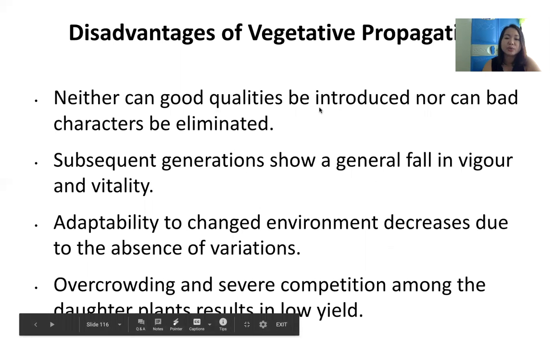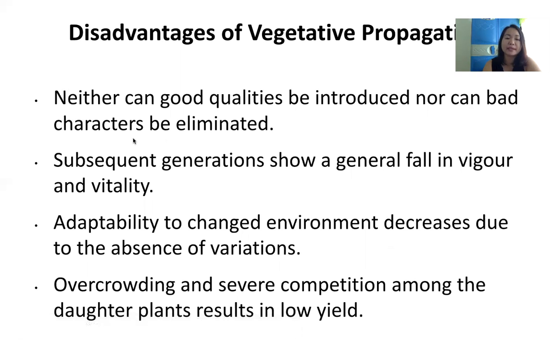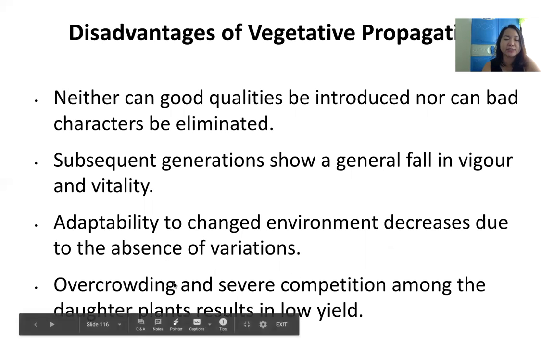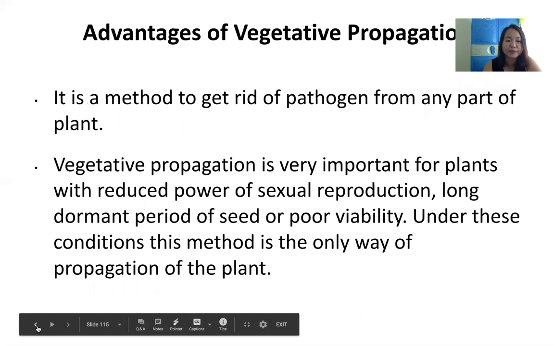However, neither can good qualities be introduced nor can bad characters be eliminated, and subsequent generations show a general fall in vigor and vitality. Adaptability to a changing environment decreases due to the absence of variations, and overcrowding and severe competition among the daughter plants result in low yield. So these are the disadvantages of vegetative propagation.